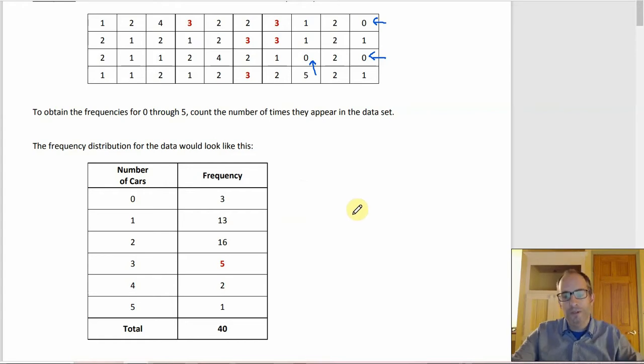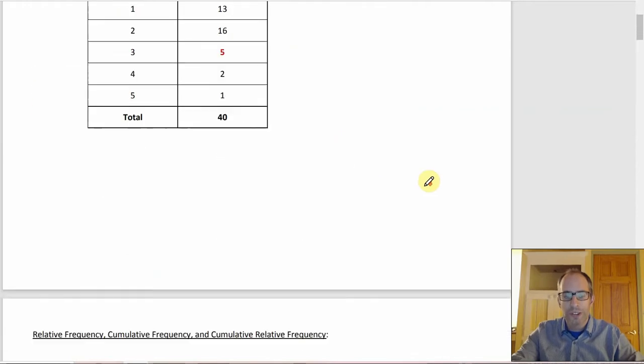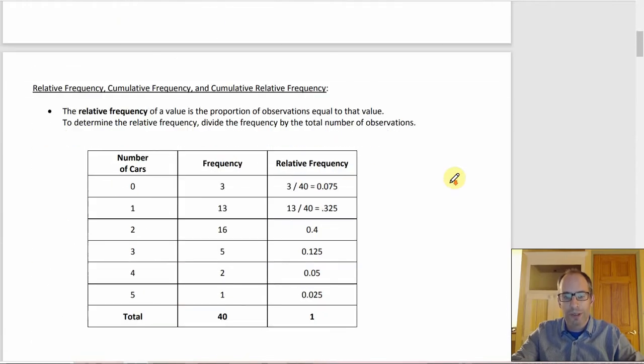You can have variants of this where instead of just the frequency, where that's a count, it's how many zeros there are, how many ones there are, what if instead of frequency, you wanted something like relative frequency? The difference between frequency and relative frequency is that frequency is just a count, the number of times that value shows up. The relative frequency is the proportion of observations equal to that value.